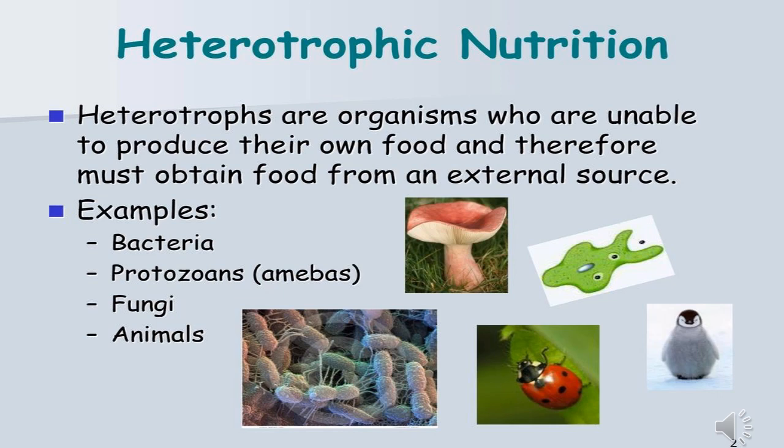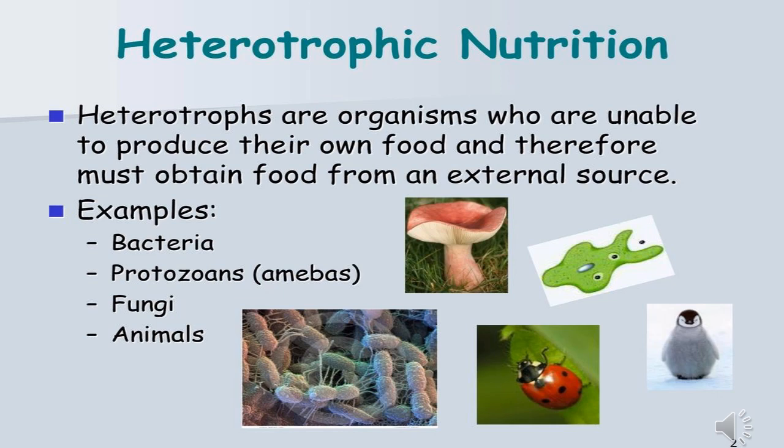So they depend upon either autotrophs or any other organism for the preparation of food. Such an organism is called a heterotroph and the nutrition followed by them is called heterotrophic nutrition.